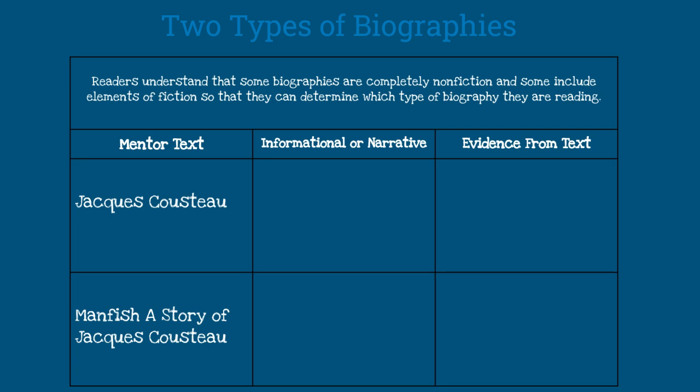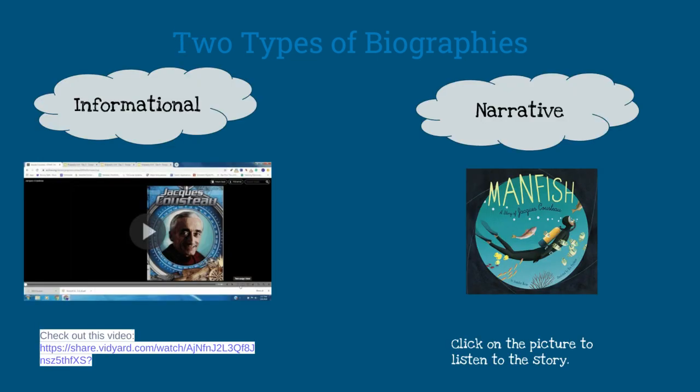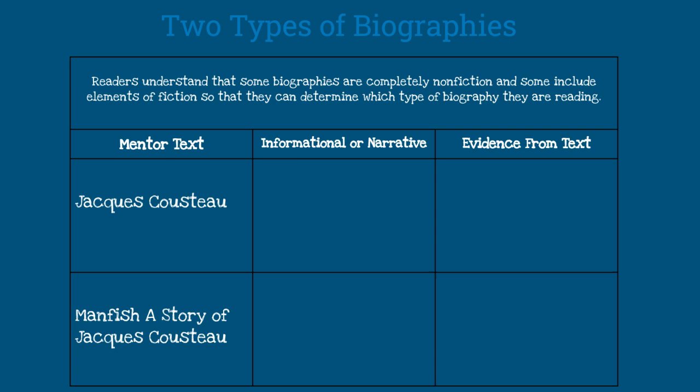And the last thing here is you need to decide which biography is informational or narrative. So you're going to fill in all 4 of these boxes. The first, Jacques Cousteau, is the one on the left. Then Manfish, A Story of Jacques Cousteau, is the one on the right.